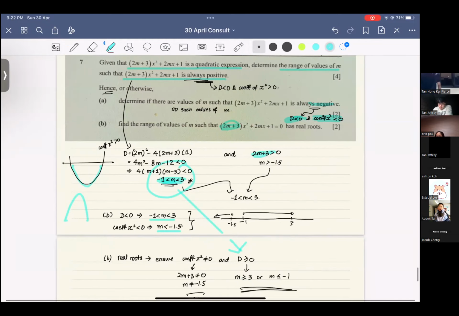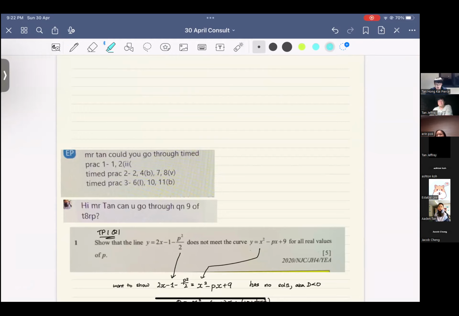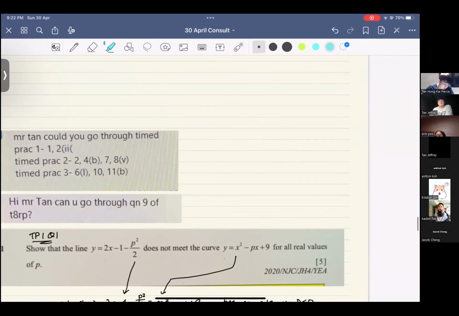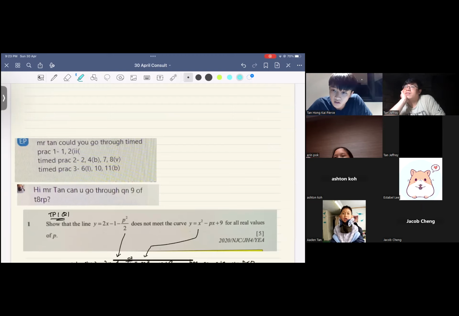Okay. So next I go on to, yeah. I have a question. It's a general question about polynomials. When you want to use the comparing coefficient method or the substitution method, should I factorize it first?